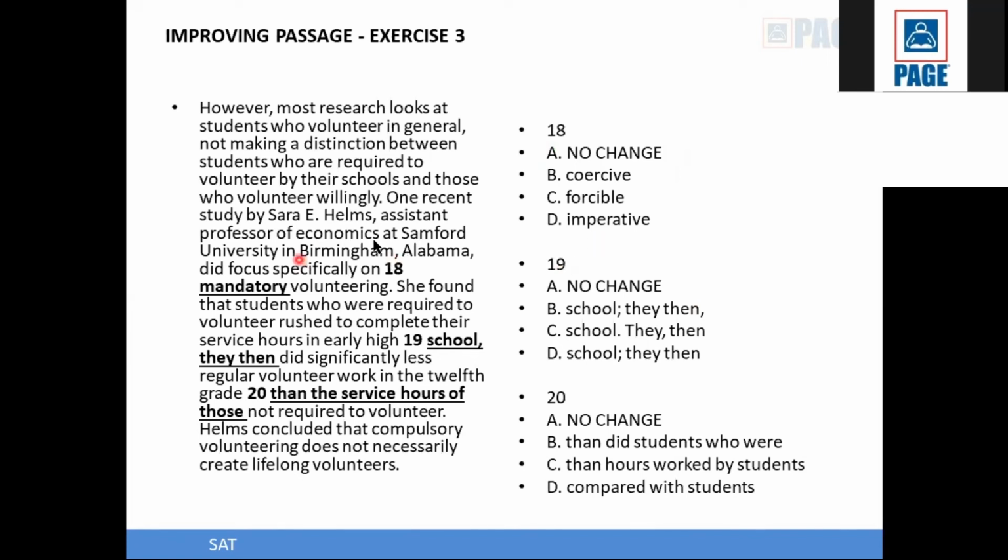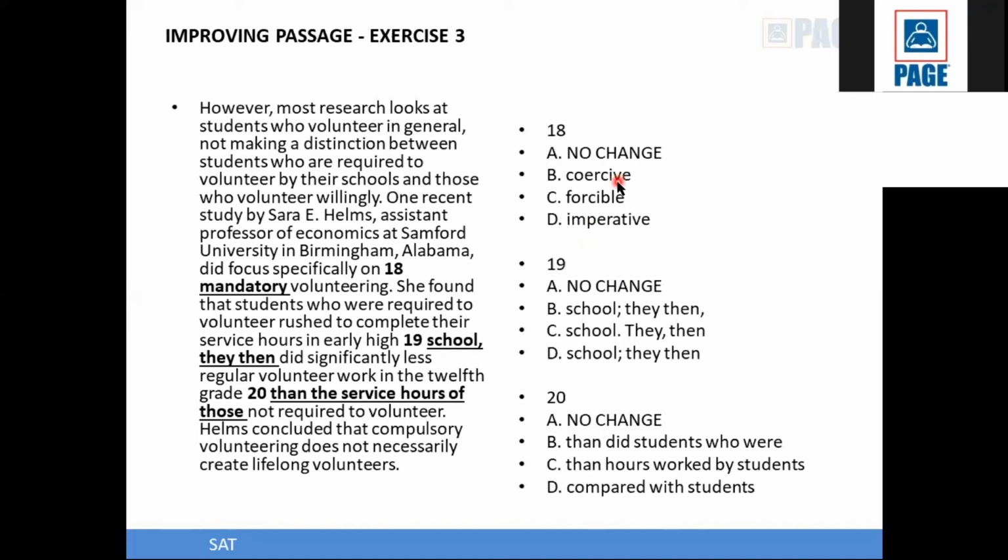We have got some names here. University in Birmingham, Alabama did focus specifically on mandatory volunteering, comma, full stop. Mandatory means compulsory. Now, if you look at the options, coercive means to mentally pressurize a person.